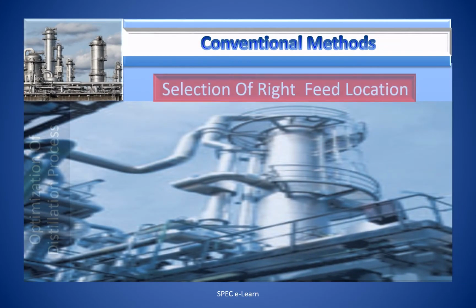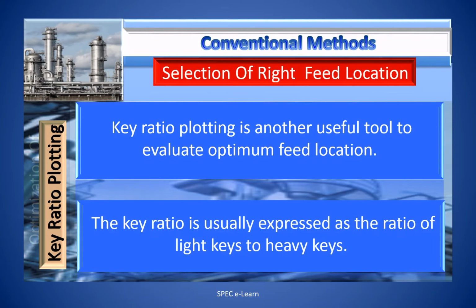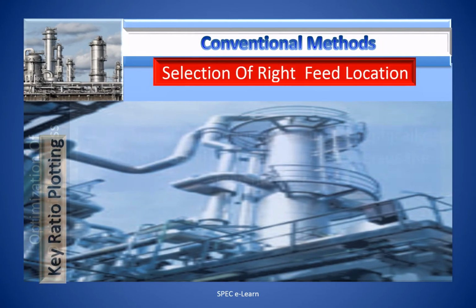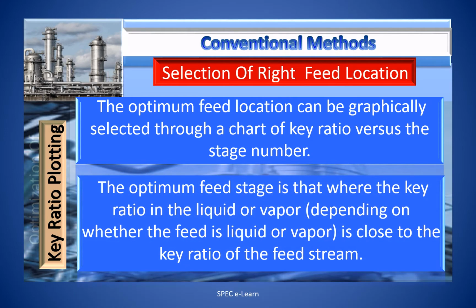Key ratio plotting is another useful tool to evaluate optimum feed location. The key ratio is usually expressed as a ratio of light keys to heavy keys. So how do we do that? The optimum feed location can be graphically plotted through a chart of key ratios versus the stage number.